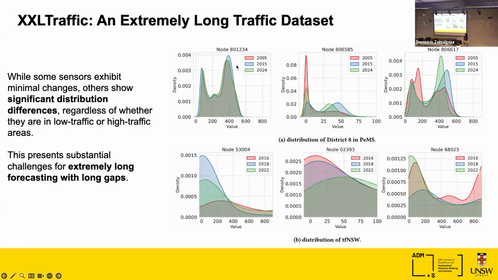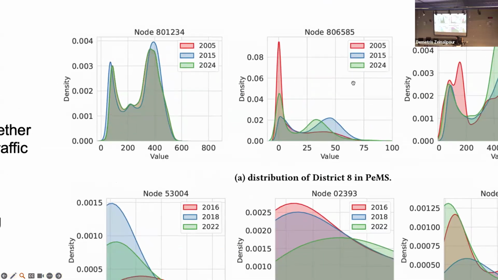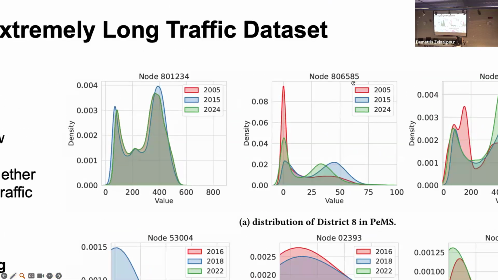And this is good for studying distribution changes, right? You could see, for example, this node here, the density of the traffic in 2005 and 2024 look quite different.